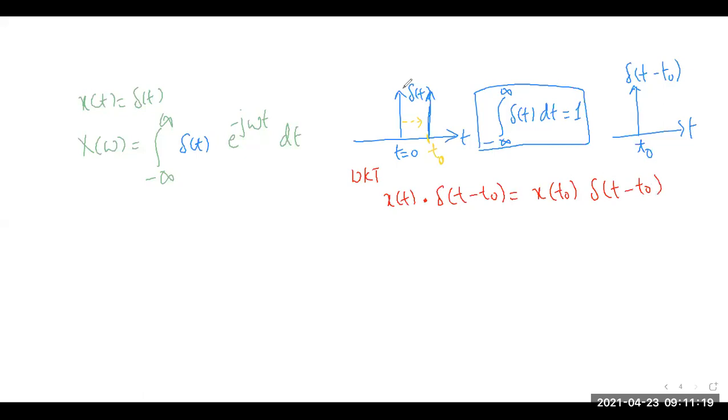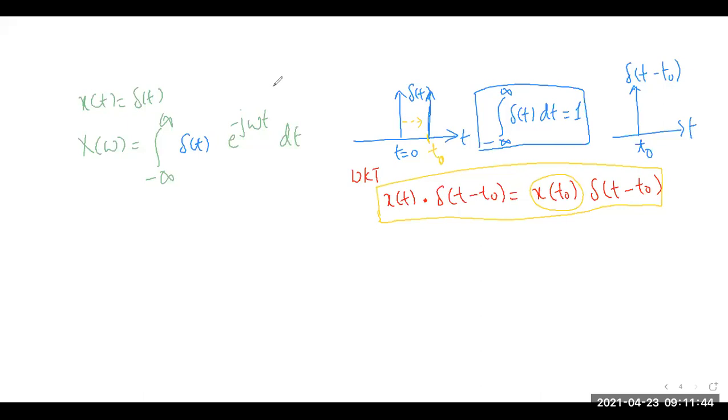Now you can identify the change. Earlier I had this function x of t, but now this function has changed its value to time instant t naught. So we know this property. We've got to recall it, and let's make use of it back over here.